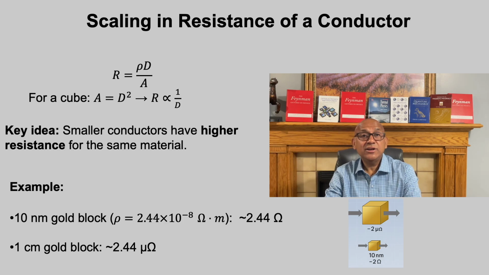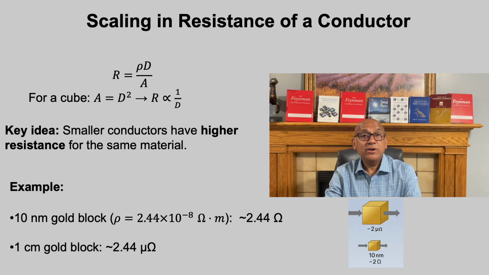Let us consider resistance. The resistance of a conductor is given by the expression R equals rho d over A. For a cube, the cross-sectional area scales as d squared, which means resistance scales inversely with size, 1 over d. This tells us that as we make conductors smaller, their resistance increases.